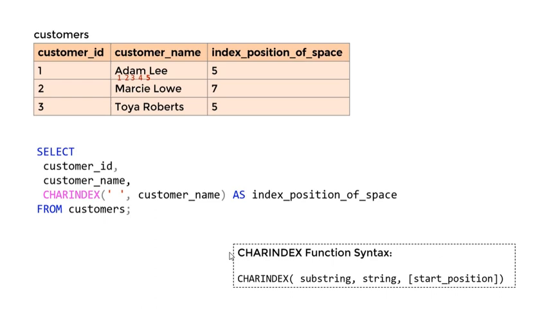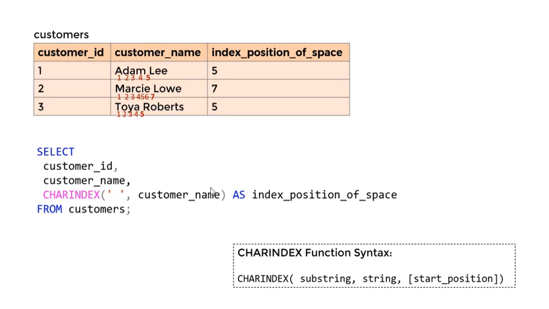The single space for Marcelo occurs at position 7, and for Toya at position 5, right? In this way you can utilize CHARINDEX.